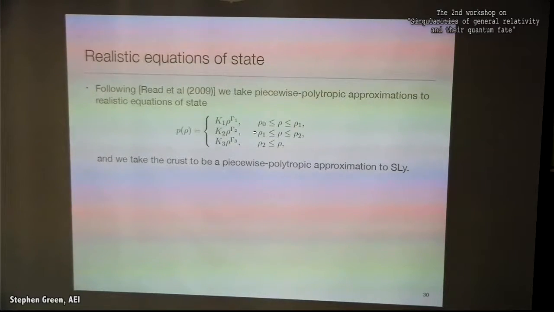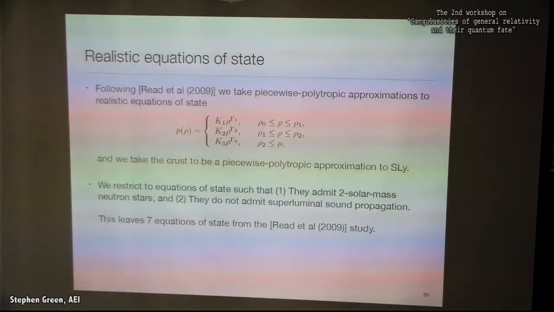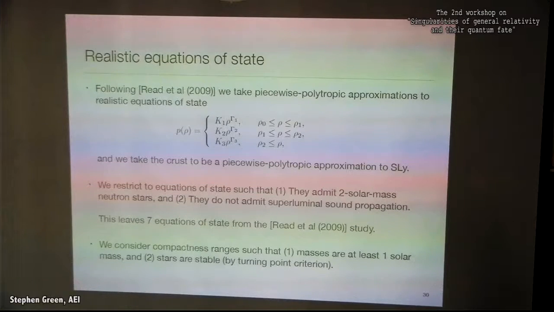We're going to take a 3-part piecewise polytrope for the interior of the star, and the crust we'll take to be a piecewise polytropic approximation to the SLy equation of state, which people are more confident actually describes the crust because it's at lower density where we have a better handle on it. We're also going to restrict to equations of state that admit 2 solar mass neutron stars, because we believe there are 2 solar mass neutron stars, and that do not admit superluminal sound propagation. From the study that I'm referring to, this leaves 7 equations of state that we're going to look at. We're also going to plot them over compactness ranges such that the masses of the stars are at least 1 solar mass, and they're stable by the turning point criterion.